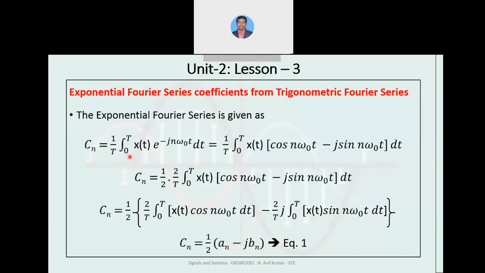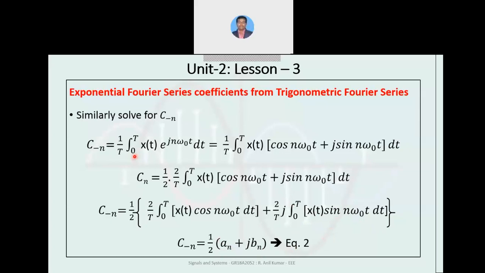Similarly, you can see the expression of c suffix minus n. n is replaced with minus n, so it becomes positive when we consider c suffix minus n. With respect to e power j n omega naught t, let us express in terms of cos and sine, multiplying and dividing by 2.